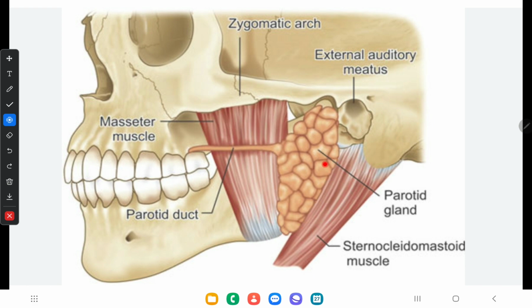So it is posterior inferior to the angle of mandible. Posteriorly it overlaps the sternocleidomastoid muscle, and anteriorly the parotid gland crosses the masseter muscle here. So anteriorly there is masseter muscle, posteriorly there is sternocleidomastoid muscle, and usually the parotid gland is located below, in front and behind the ear lobule.